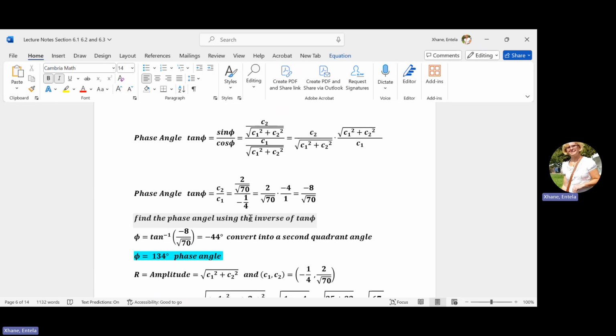And then to reflect this into the second quadrant, all I have to do is add 90. So therefore, the corresponding angle of -44 in the second quadrant that fits the given coordinates C1 and C2 is 134 degrees, and that's the phase angle of the motion.